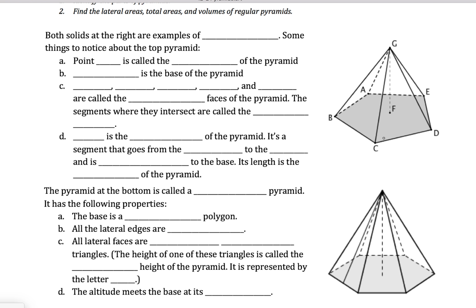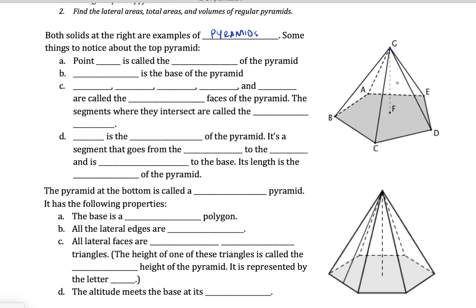First of all, you can see I have two diagrams right there. They are both examples of pyramids, but there are some differences between these two which we need to clarify first. The one on the top, you'll notice it has this point at the top. It's one of the hallmarks of pyramids. They all have that singular point where a number of the faces come together and meet at one point.